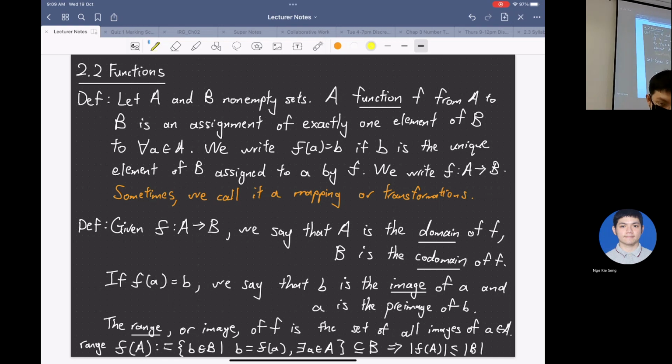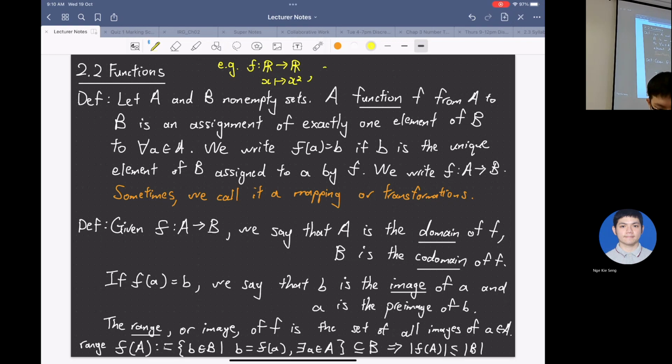Okay, let's give an example of functions. For example, we look at the function from R to R, sending x to x squared.